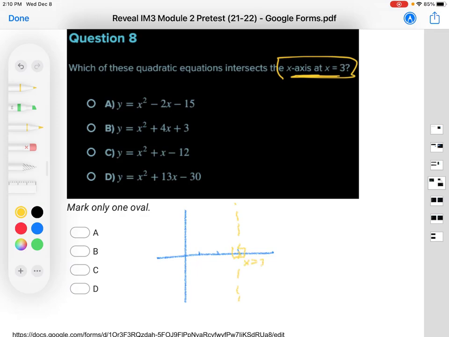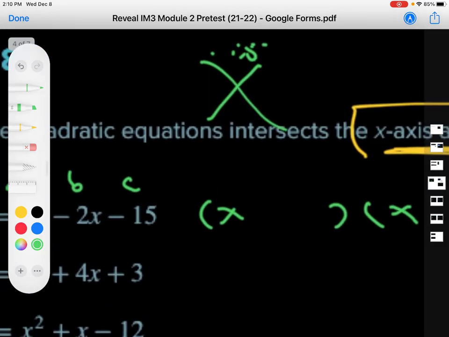Okay, so if I factor each of these, which we did back in first semester, a lot of you guys did guess and check, which is fine, that's how I learned. Two numbers that multiply to be negative 15, so that's your A, B, and C. You could do something like this. Negative 15 and negative 2.